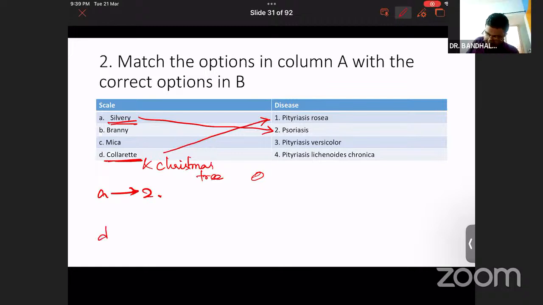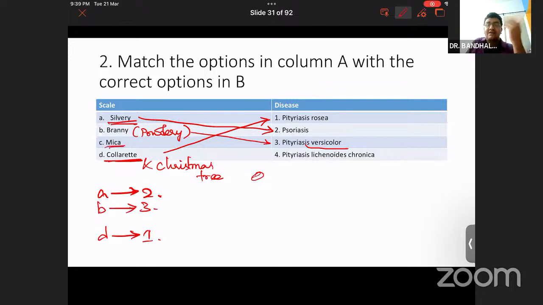So for D, which is option 1, P. rosea. Now we are left with 2 things, branny and micaceous scales. Branny means very fine powdery scales. Powdery scales are seen in a condition known as pityriasis versicolor. Even the word pityriasis means powdery scales. So the branny scales are seen in P. versicolor.